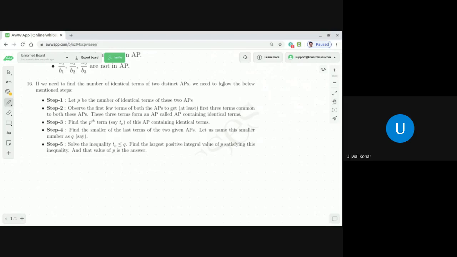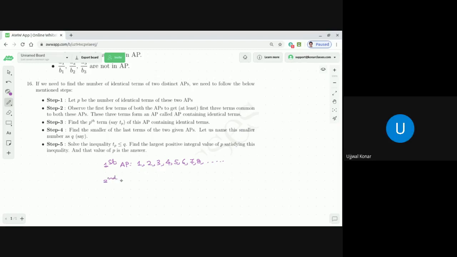Suppose we have two APs. Let me use a different color so that it is very clearly visible to you. Suppose the first AP is something like this: 1, 2, 3, 4, 5, 6, 7, 8, and it continues.